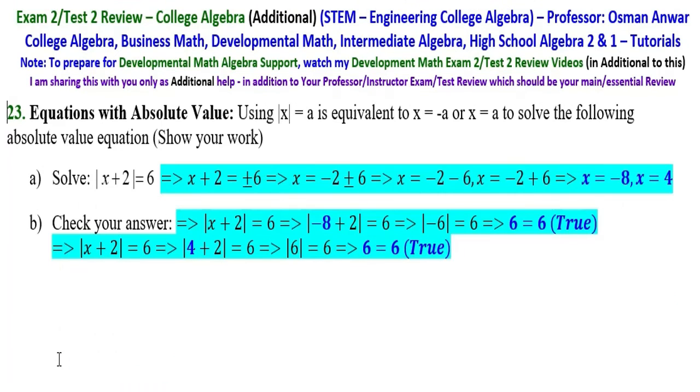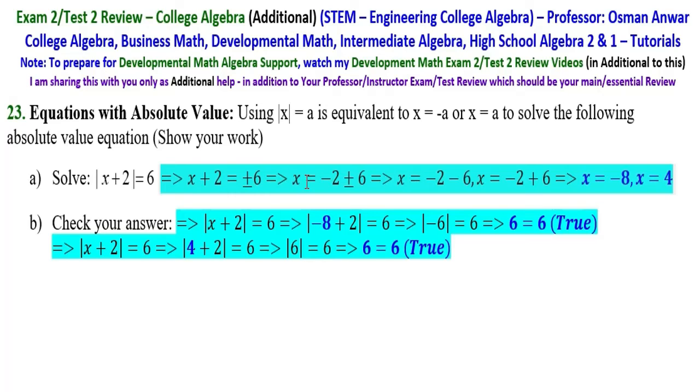Number 23 is equation with absolute value. Use absolute value of x equals a is equivalent to x equals minus a or x equals a to solve the following absolute value equation. Solve absolute value of x plus 2 equals 6. That means x plus 2 is equal to plus or minus 6.